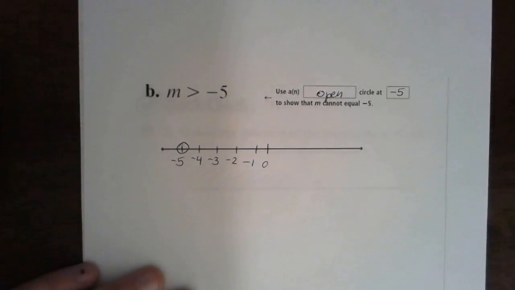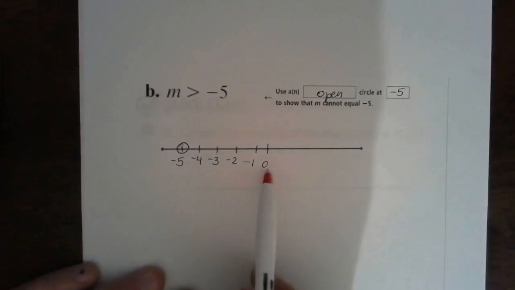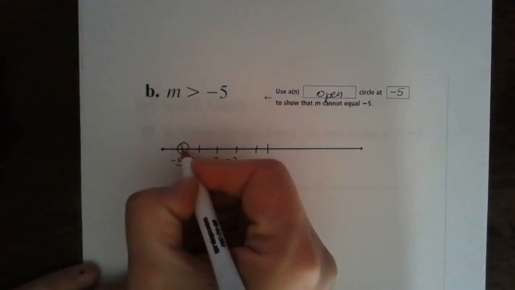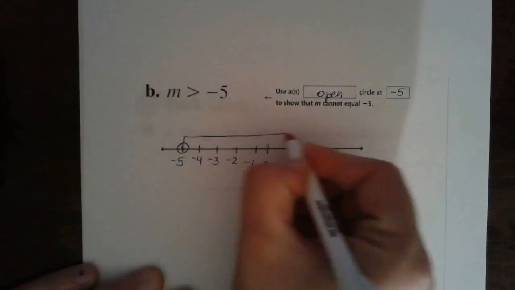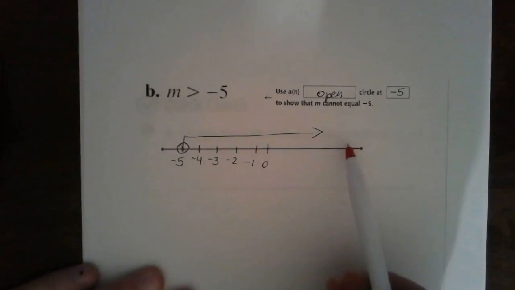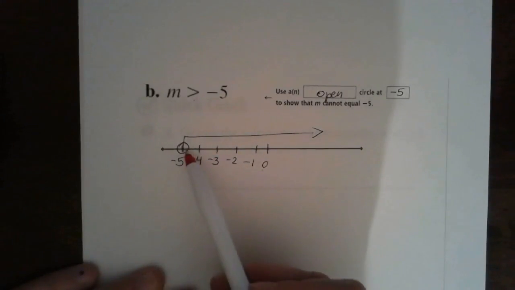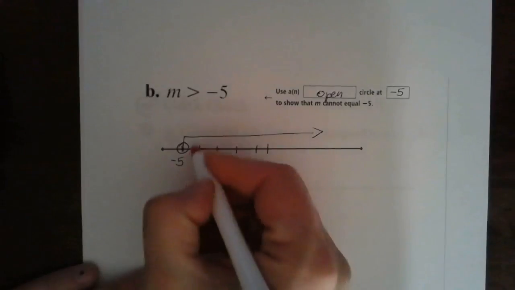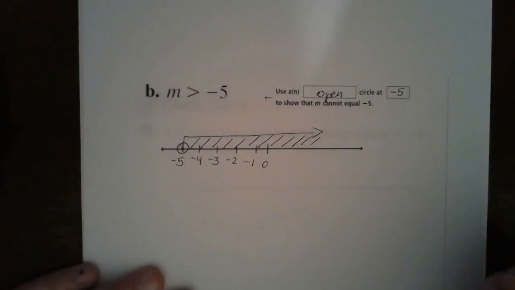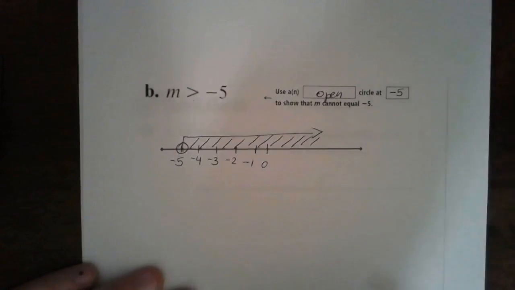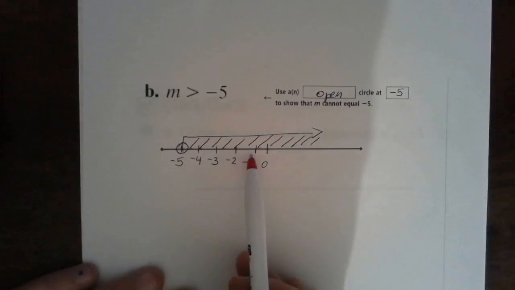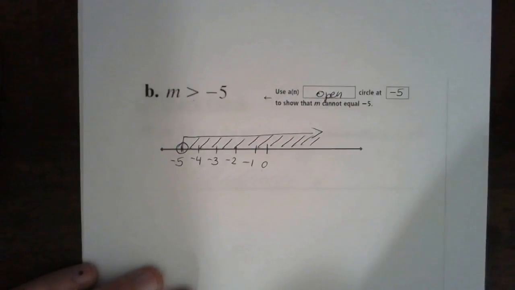So let's pick some number and see. 0, for example. Is 0 greater than -5? Yes. So here is how I'm going to do it. I'll draw a line to the right, indicating that all the numbers to the right of -5, not including -5, are solutions. Can you imagine listing all those numbers? It would be ridiculous, because how many numbers are between 0 and -1? Infinitely many, lots of them.